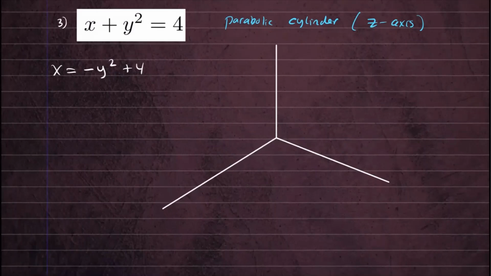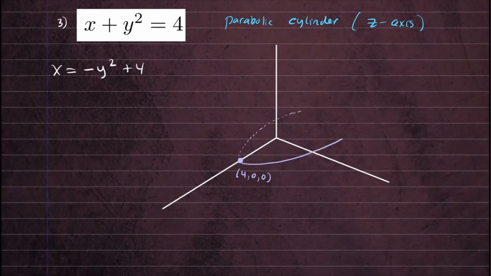And now if I let y equal 0 and z equal 0, I have this point 4, 0, 0. So it's going to pass through this point by setting y and z to 0. Now, instead of the parabola facing this way, it's going to be facing the opposite way. So it's going to be a parabola this way, like this.